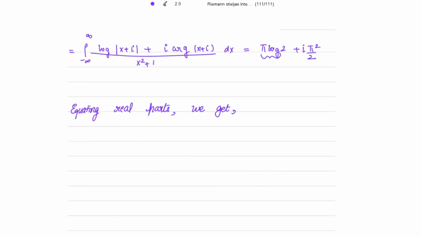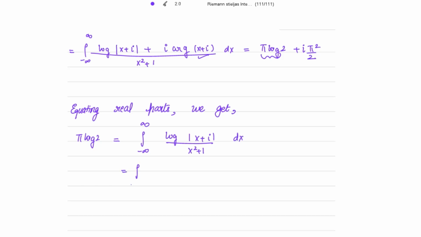This is the real part, so I am going to equate the real part. Equating the real part, I get pi log 2 equal to the integral from minus infinity to infinity of log of mod of (x plus iota) over x squared plus 1 dx.